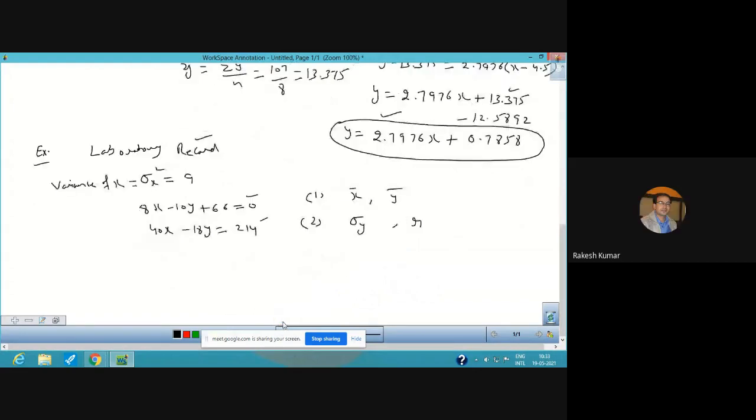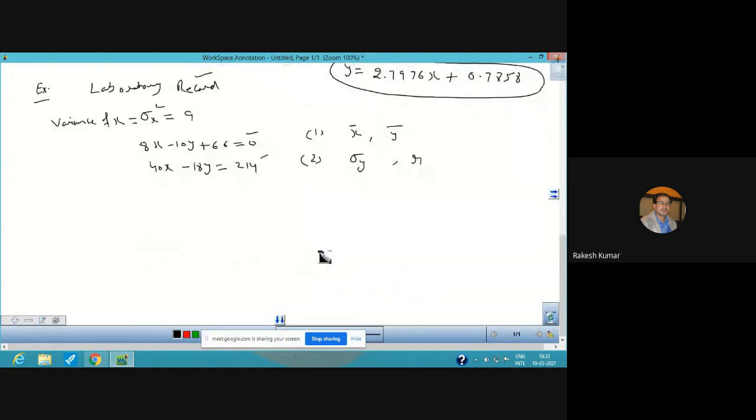This is very important. Now, we know that these are the regression equations, and it is a standard phenomenon that regression equations always pass through the mean point, and the mean point has coordinates x bar and y bar.